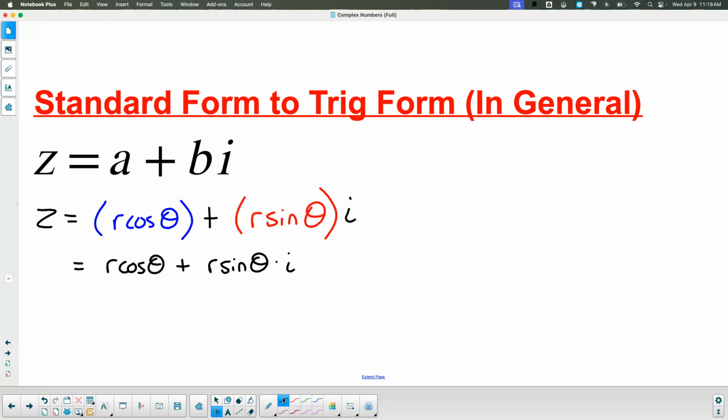Can I do anything with that? Make it look prettier? It's the dreaded F word. What can I factor out? R. I can factor out an R. So the trig form of my complex number is going to be R times the quantity of what?